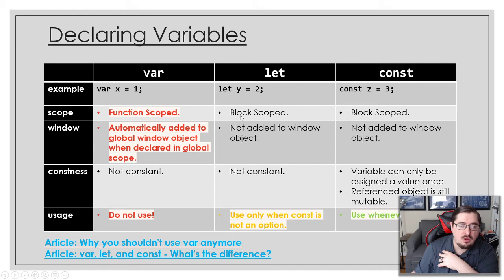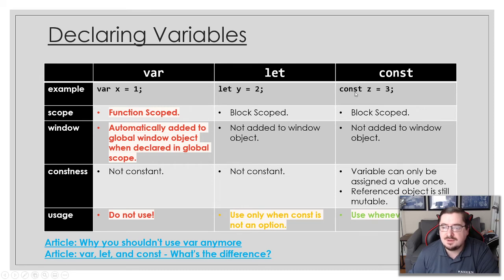Any variables that you declare with let are not added to the window object. You have to intentionally say window.y is equal to this. It won't automatically add anything to the window object, which is good. It's not constant. I can change it.